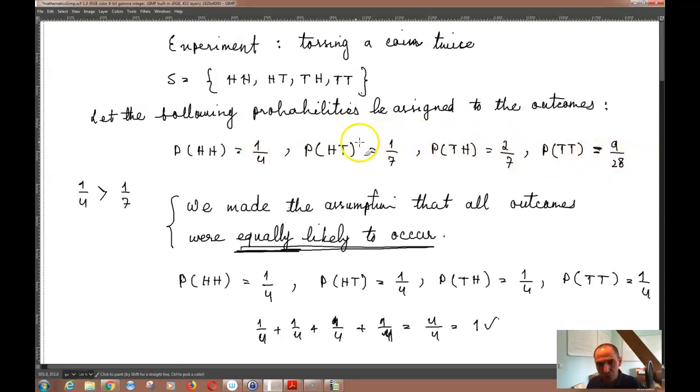You can do whatever you want, but there are situations where, for example, the coin that you use is most of the time biased.